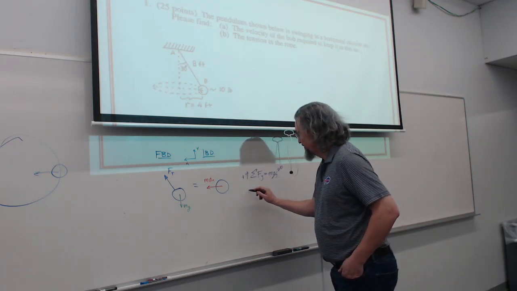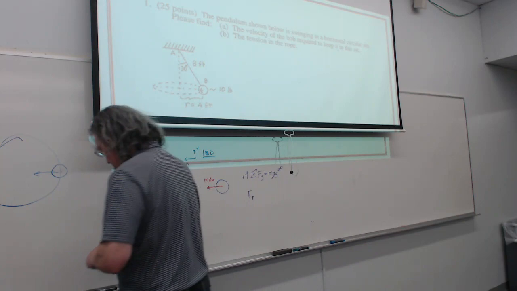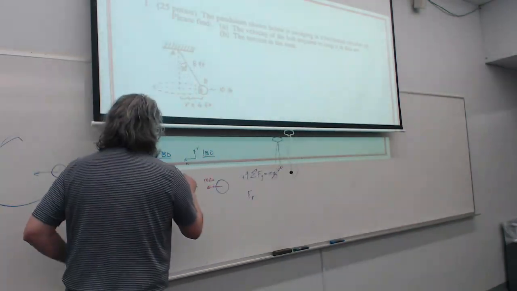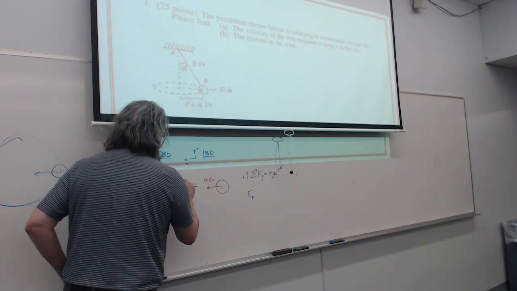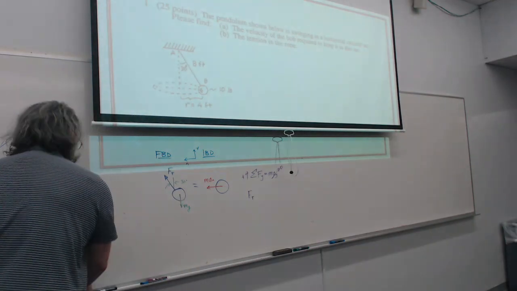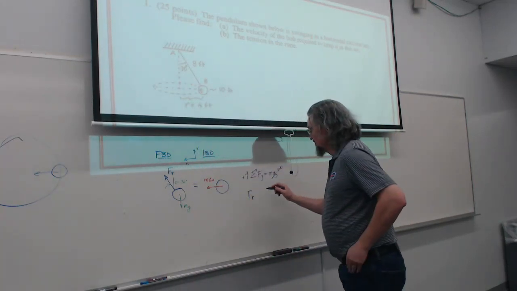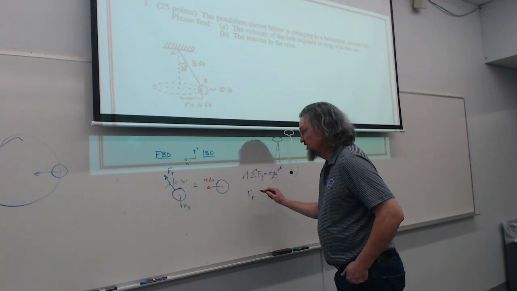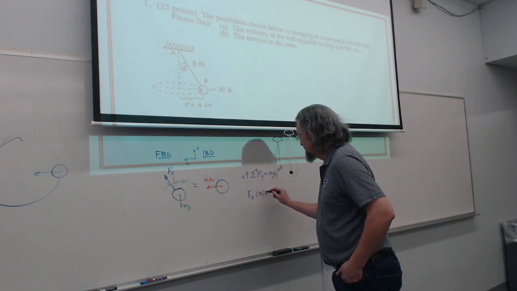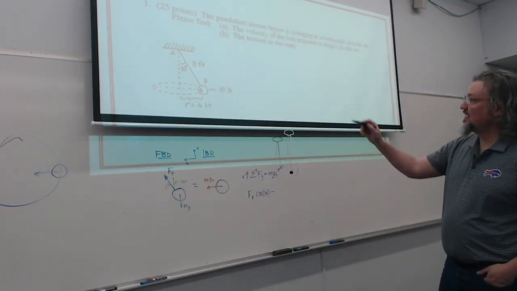So we go Ft, and by geometry, double check this right here, 30 degrees that way must be the same thing as 30 degrees that way right there, right? So Ft times the cosine of 30 minus, and they give us 10 pounds, equals zero.